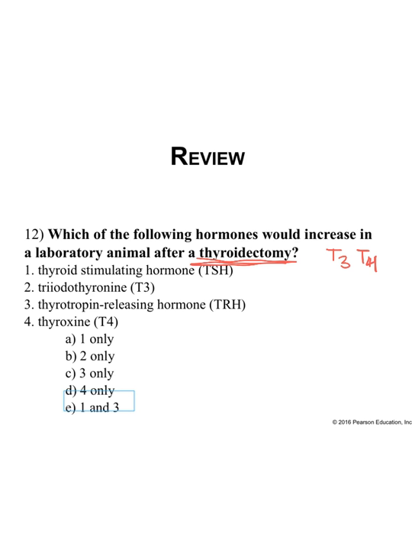However, the hypothalamus does not understand that that's why T3 and T4 are so low. So it's going to make its TRH, which is going to make the anterior pituitary release TSH. Okay, you cannot make triiodothyronine or thyroxine without having a thyroid gland. So the correct answer here should be E.